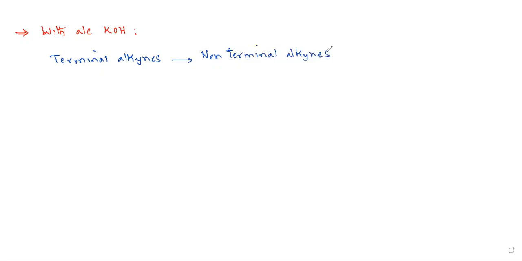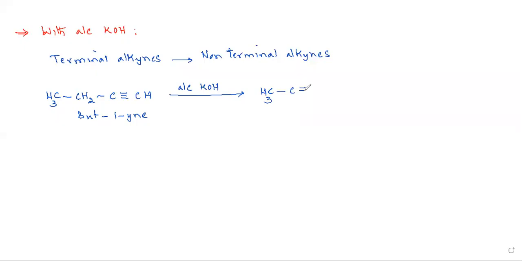Let me give you an example with mechanism even for this also. Consider but-1-yne. This is terminal alkyne. See, with alcoholic KOH, we get but-2-yne.